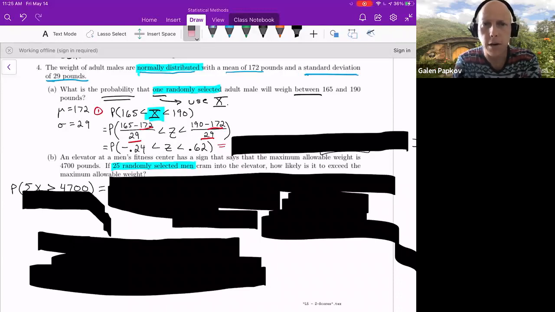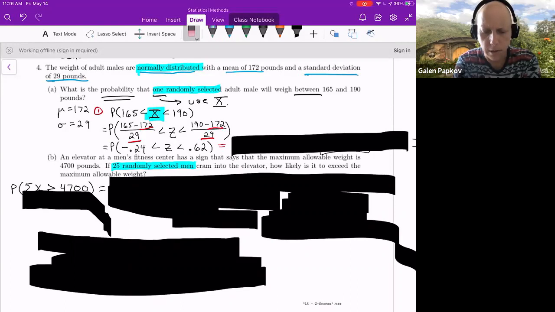B says an elevator at a men's fitness center has a sign that says the maximum allowable weight is 4,700 pounds. If 25 randomly selected men cram into the elevator, how likely is it to exceed the maximum allowable weight? So if you have 25 people that cram in, to know what the weight is, you would add up each of their weights.